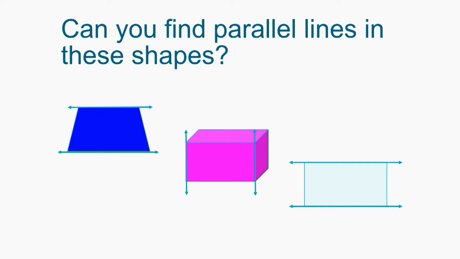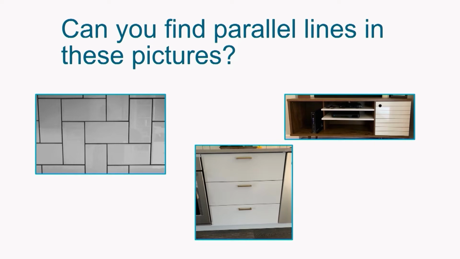You might have thought about these sets of lines that are also parallel, or these sets of lines that would be parallel. The rectangular prism actually has many sets of lines that would be parallel. Where do you see parallel lines or line segments in these pictures?